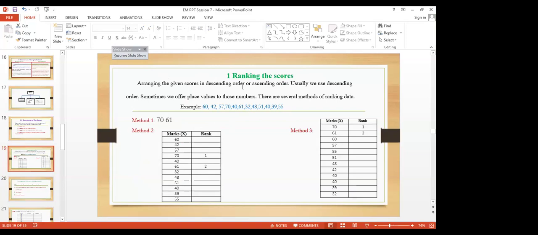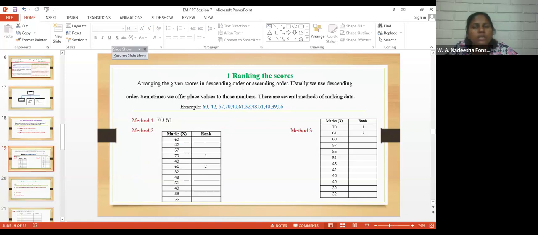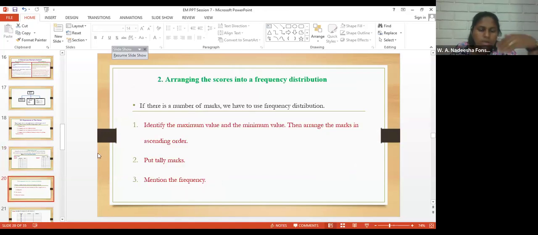Is it easy or difficult? It's difficult. Therefore, if there is only a small number of scores, we can use this. If the number of scores is greater than about 20, we have to use a frequency distribution.